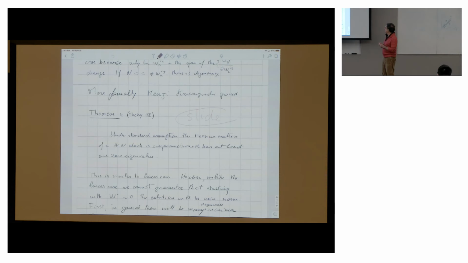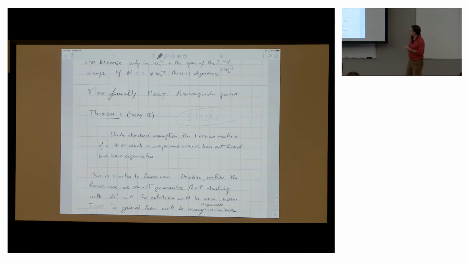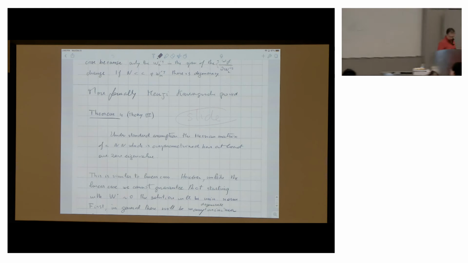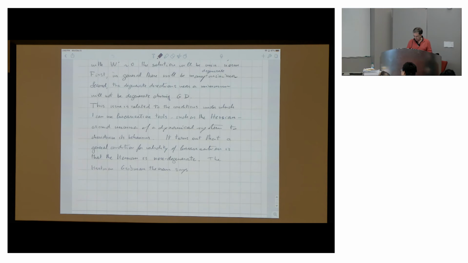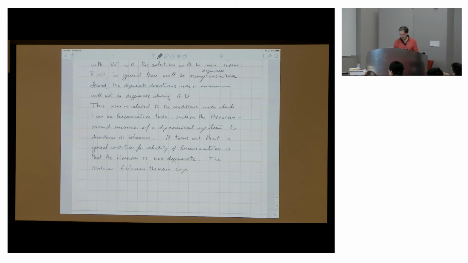It's the Hessian matrix. In the case of zero error, in an over-parameterized network, we have zero eigenvalue, at least one. It's rather involved, but the intuition is pretty clear. You have many parameters.